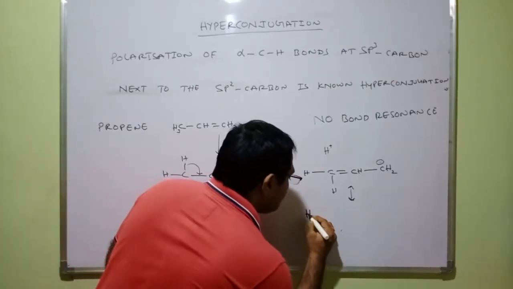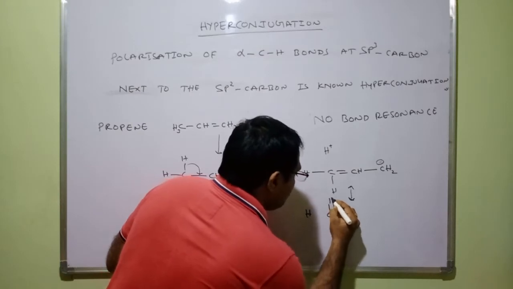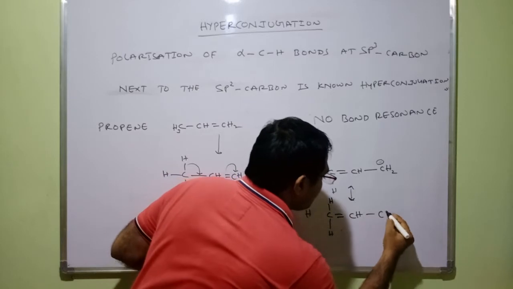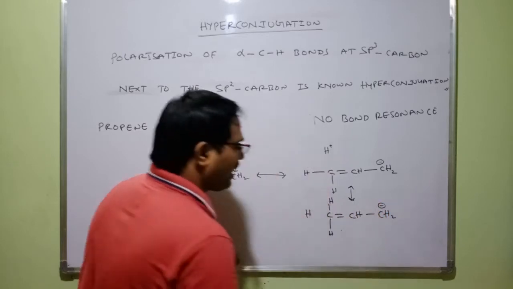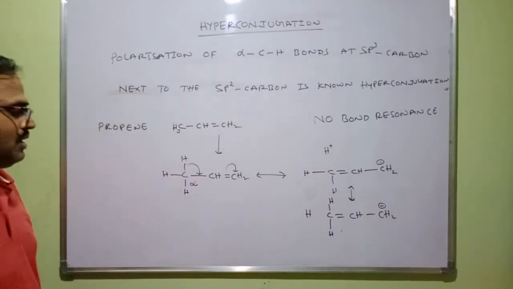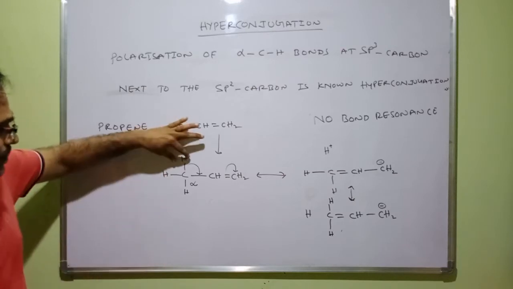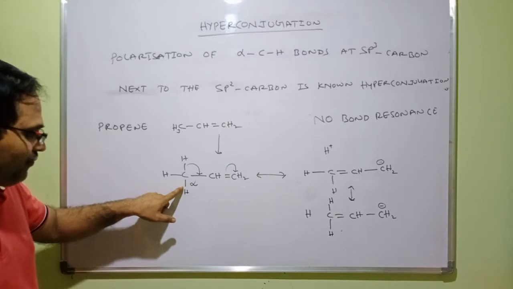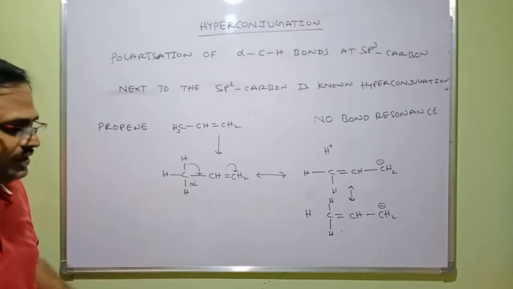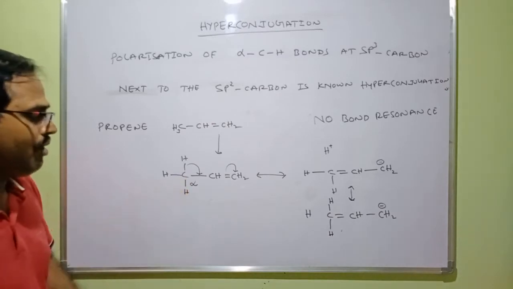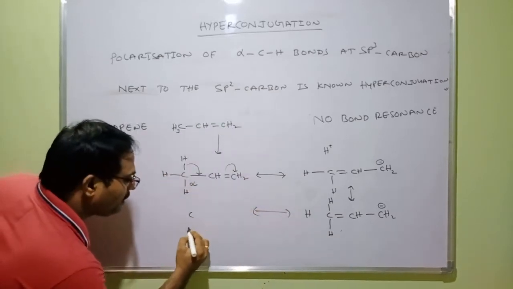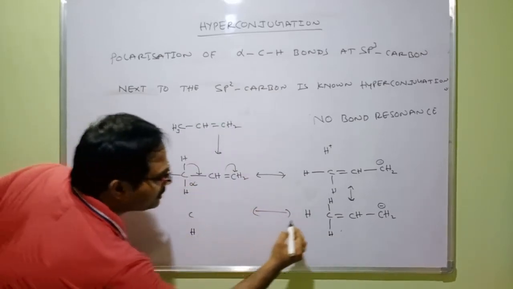Then you will get one more hyperconjugated structure like this. Now you keep these two hydrogens stable and use this carbon-hydrogen bond for the polarization of the bond.